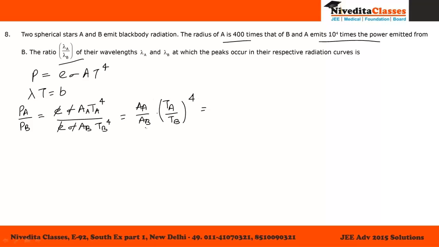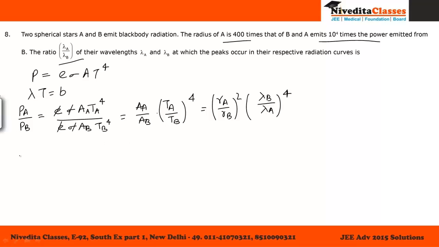Now the ratio is given to us in terms of radius, so we can convert this area ratio into radius ratio, R_A divided by R_B, and it will become square in this case. Now for T_A and T_B, as we know that for black body radiation T is inversely proportional to lambda, we can convert it and it will become lambda_B divided by lambda_A raised to power 4.